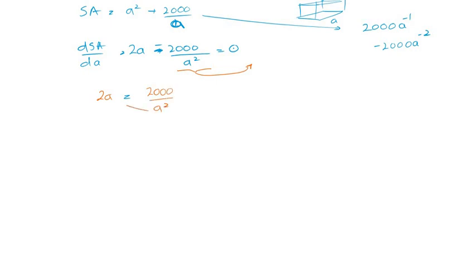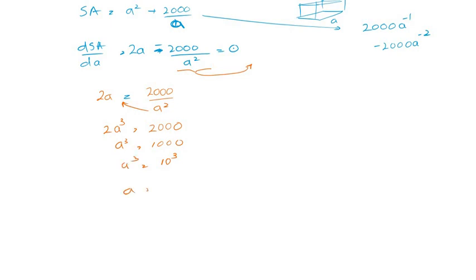Now we cross multiply, so we get 2A to the power 3 is equal to 2000, and we divide both sides by 2. Then we get A to the power 3 is equal to 1000, and 1000 can be written as 10 to the power 3.